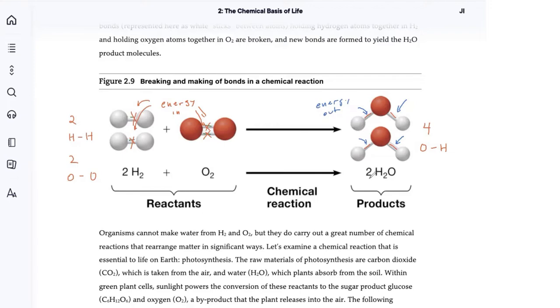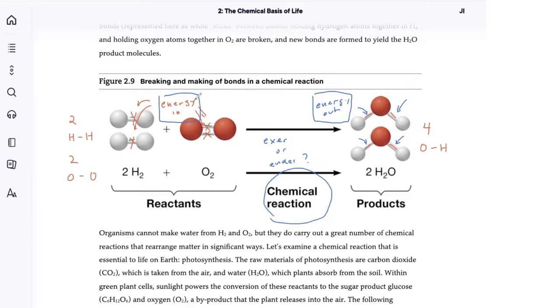So going back to what we were talking about before, how do you determine whether this overall chemical reaction is going to be exergonic or endergonic? Well, it's a balance, right? The energy out. Is it more energy or less energy than the energy that's required to make those initial covalent bonds break in order to make the reaction go forward, right?